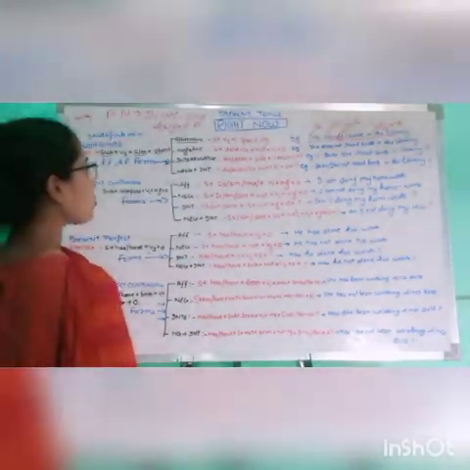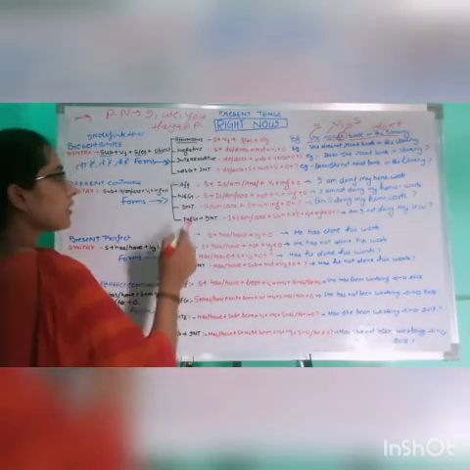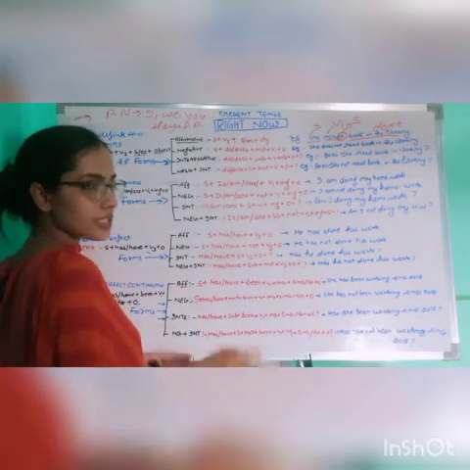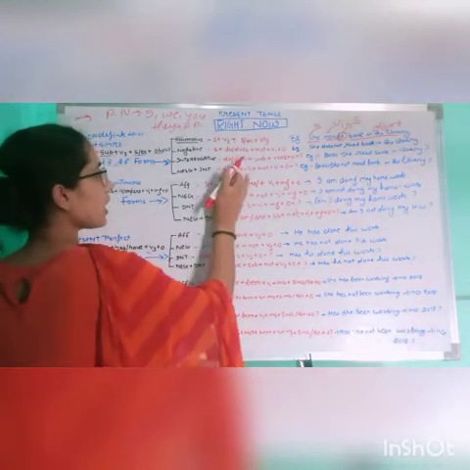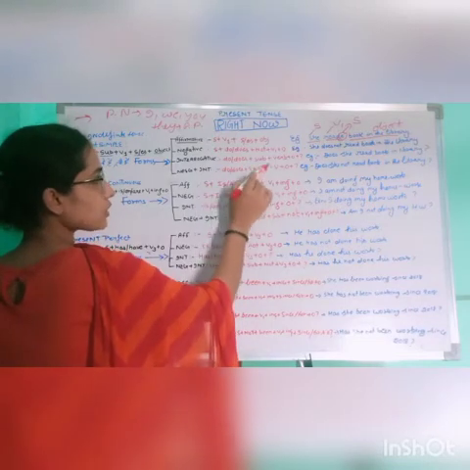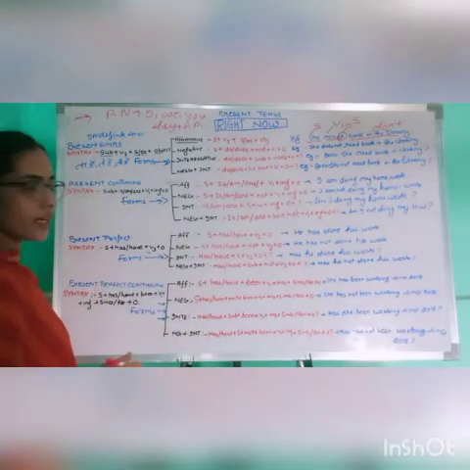Now here we have the example: Does she read book in library? Then I put the question mark in the end. Now let's move towards the syntax of negative plus interrogative. Here we have the amalgamation of negative plus interrogative. So we start with the helping verb, that is do or does, plus subject plus not, because the negative sentence is also combined with the interrogative.